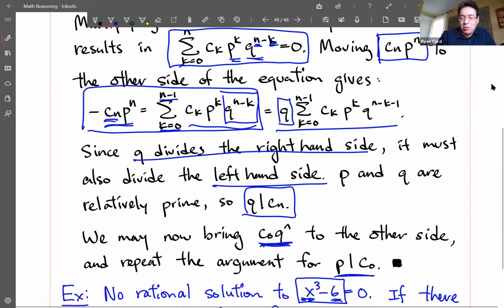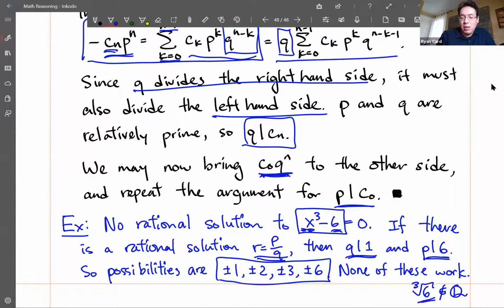You could use it to show that particular roots are irrational, or if it is rational, then there are really only finitely many things you could try until you find it. So if there is one, you can find it very quickly.